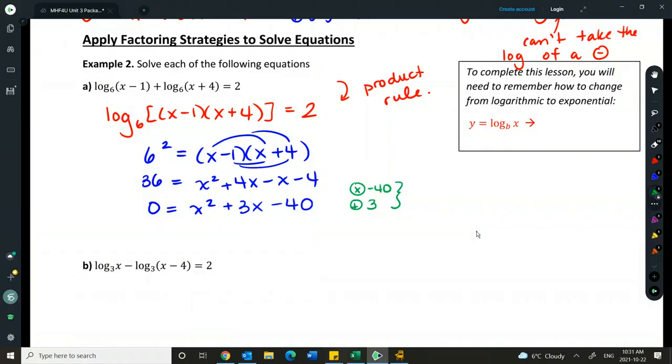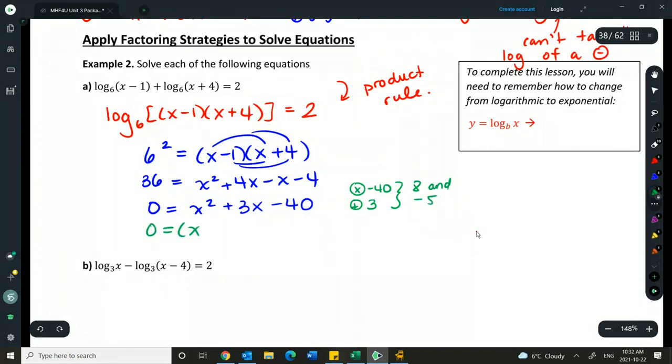Multiplies to -40, adds to 3. 8 and -5. So easy factoring, right into the brackets with the signs. No need to do grouping or anything like that. So x equals -8, x equals +5.